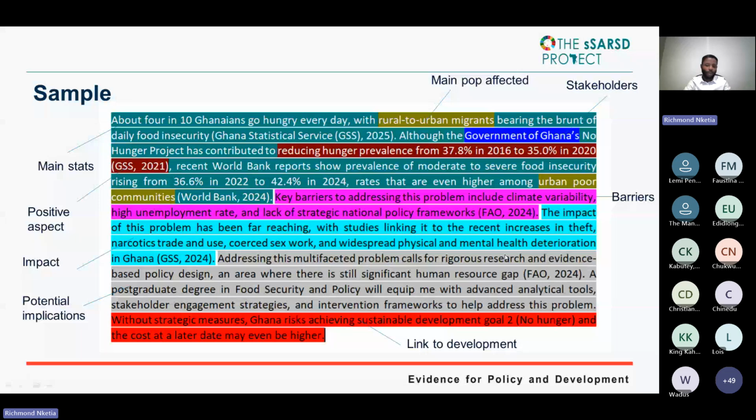So in the long term, if you come back and you want to address this problem, first you would have to deal with the excesses of hunger and food insecurity, which are the narcotic trade and use and its effects, which are the sex trade and its effects. You would have to deal with all that before you come to tackle the main issue about hunger and food insecurity. And the cost will be higher than if you had addressed it earlier, where you probably would have addressed a few issues related to narcotic trade and use or its implications and then hunger. Yeah. So I am telling the people at the Commonwealth Scholarship Commission that my degree can't wait.